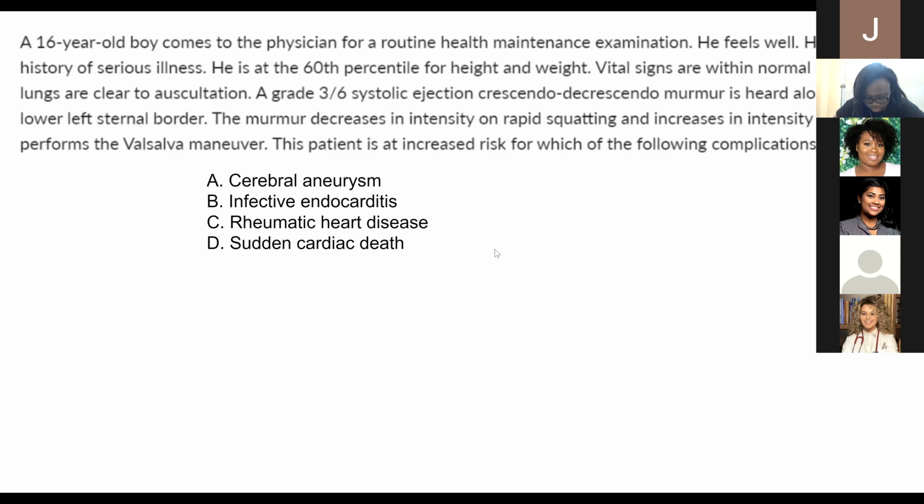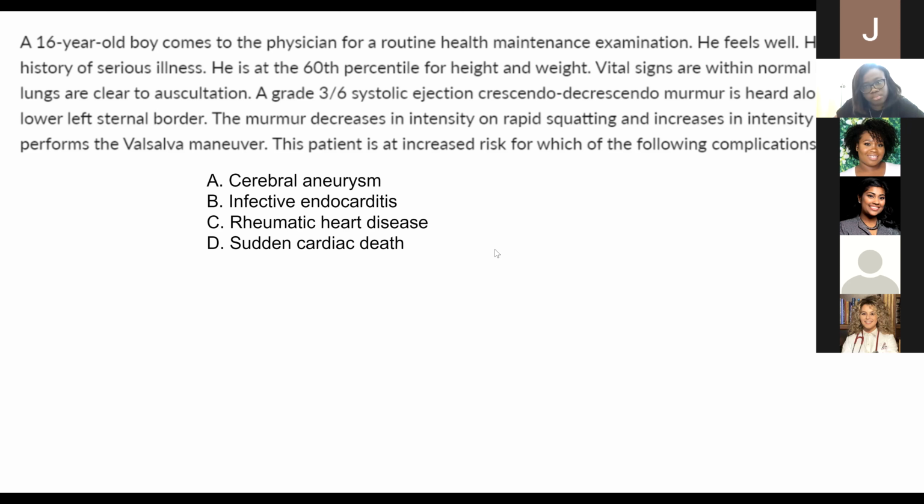When you go to the gym and want to squat, sometimes you accidentally hold your breath, and we're always telling ourselves we need to breathe when working out. Why? Because we want to make sure our heart keeps beating. When you hold your breath, that constricts your heart because of your pulmonary system, and blood won't go as effectively into your heart, so that slows your heart down. So here it's telling you the murmur increases in intensity with the Valsalva maneuver. That's a huge thing, sort of trying to tell you that he has something wrong with his heart.